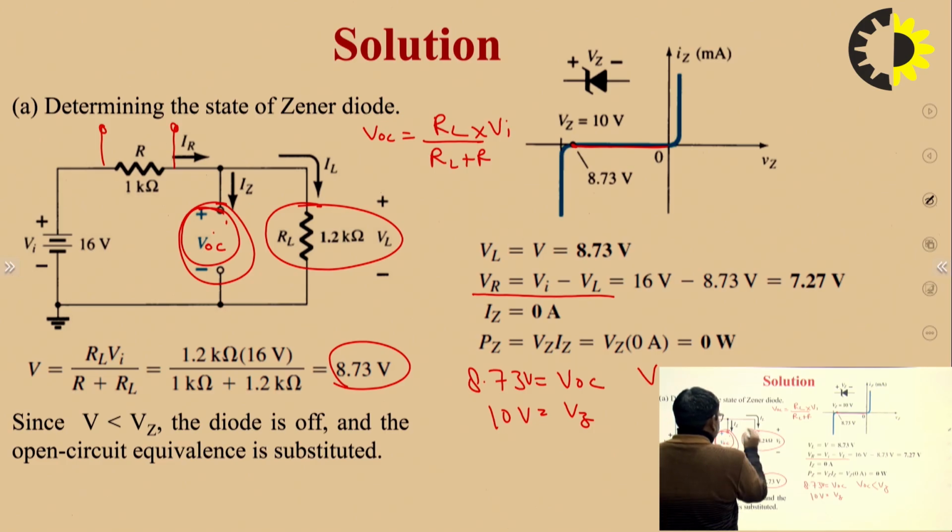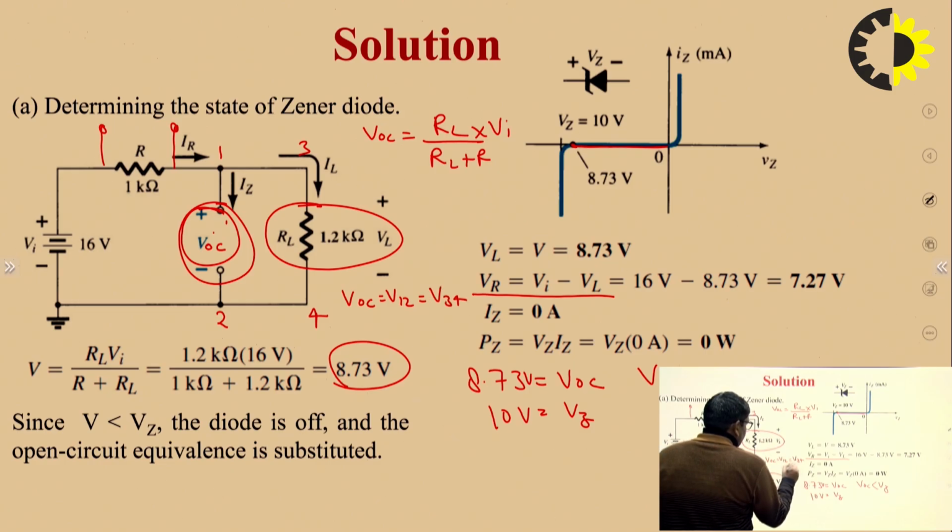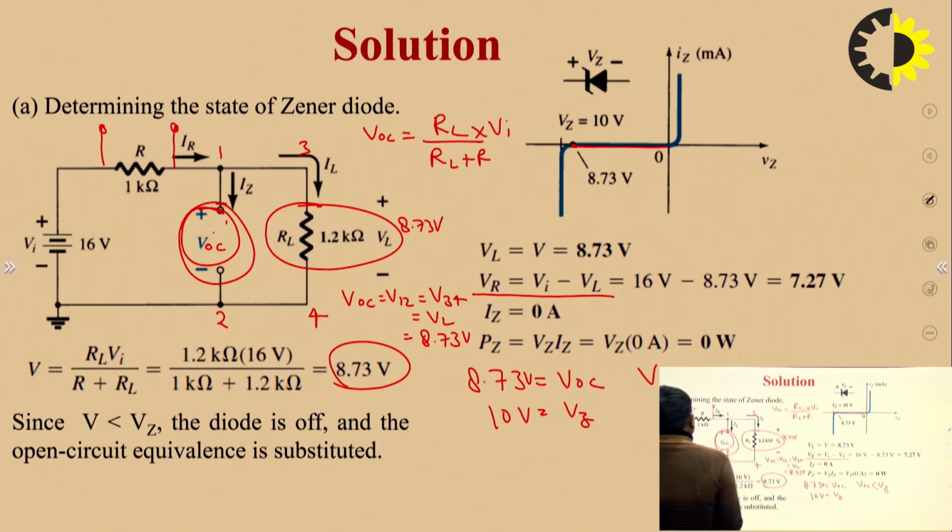Because we know that in parallel the voltage is the same, the VOC or V12 is equal to V34, or we can say VL, which is equal to 8.73 volt. So the potential drop here is 8.73 volt, and VI is 16 volt.